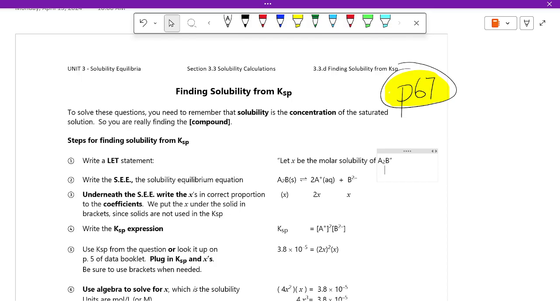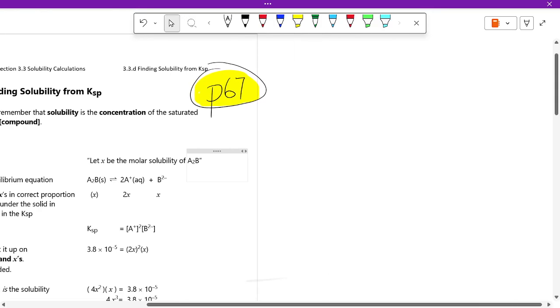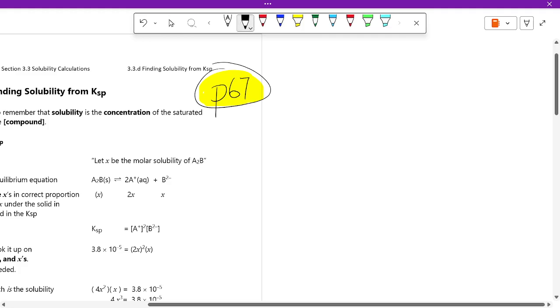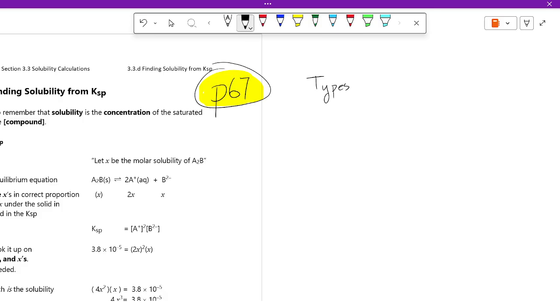Okay, we are on page 67. So far we have done types of solubility math problems. We've done given solubility.